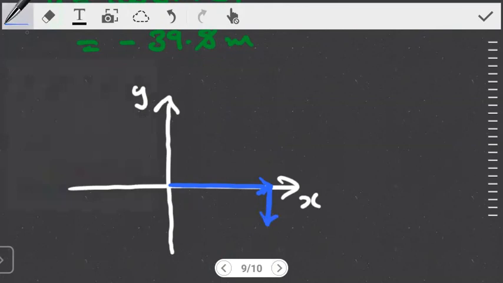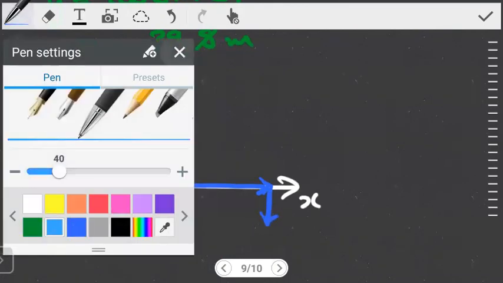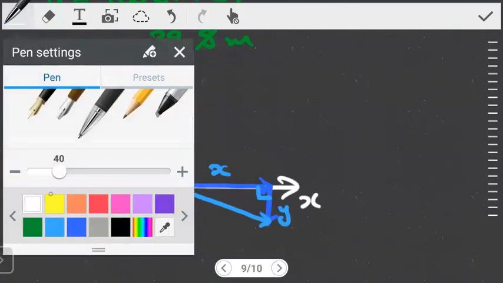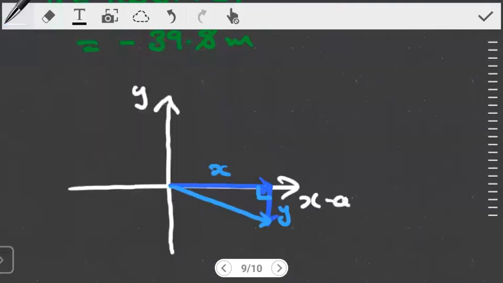So the resultant that we're looking for is going to be a vector that starts from here, going all the way up to there. Notice that here again, we're forming a right angled triangle. So this is where our x is. This is where our y is. This is axis.